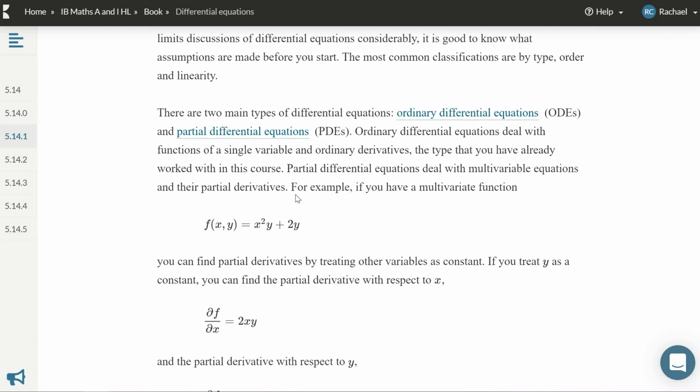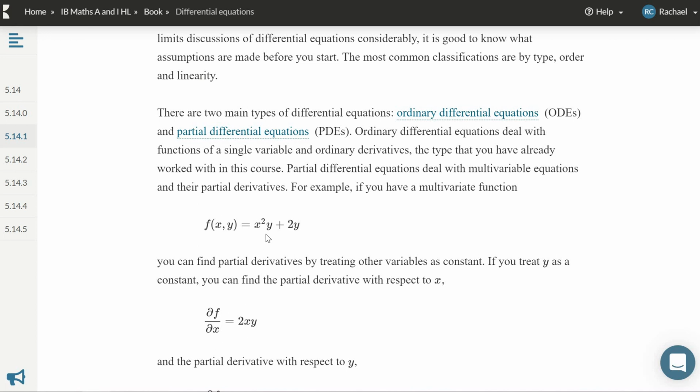There are also partial differential equations. I don't think that's important here, but just a small example is when you have a multivariable function that's relying on two variables, then you can take the derivative with respect to each variable. If you take a partial with respect to x, that means y is treated as a constant.